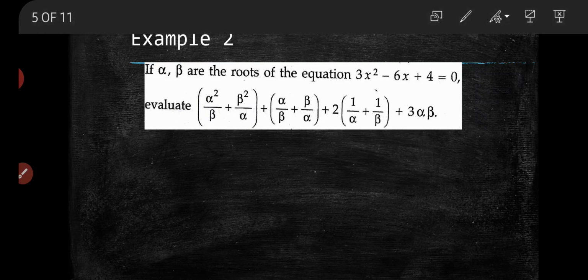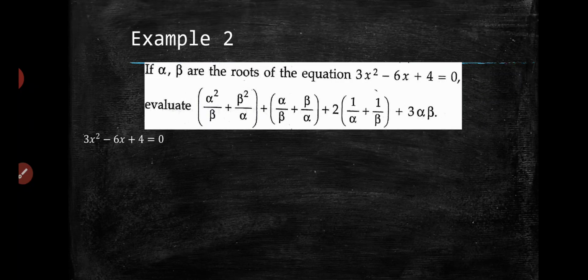Before that, let me just write down the sum and the product of the roots. From the equation I can see that the sum of the roots is 2 and the product of the roots is 4/3.